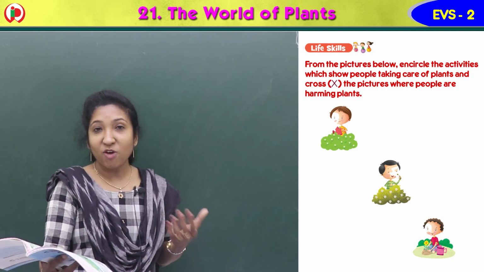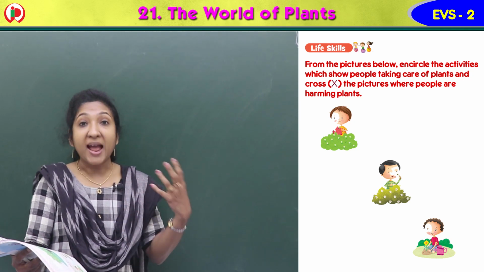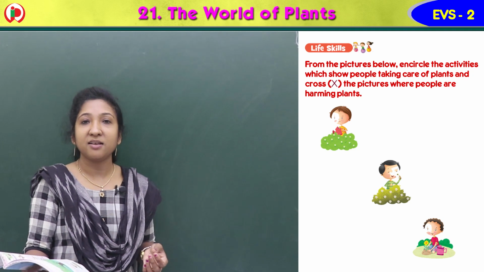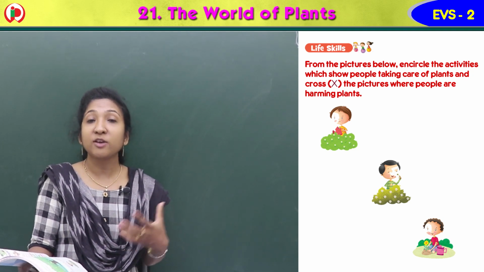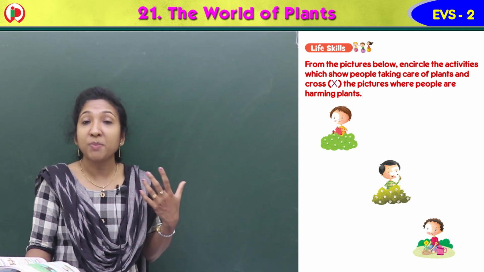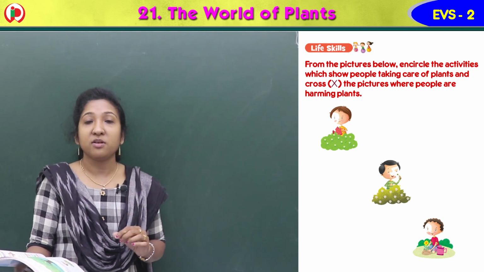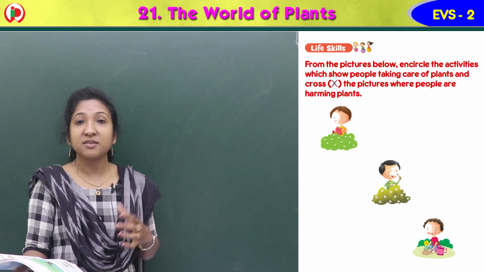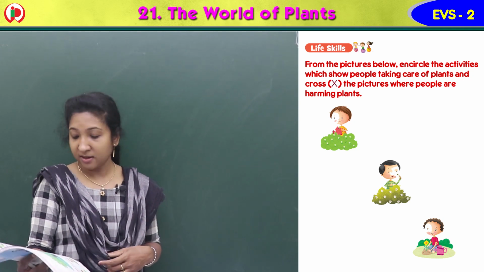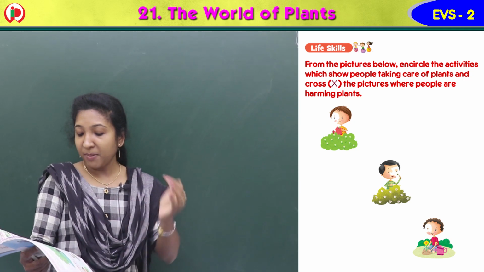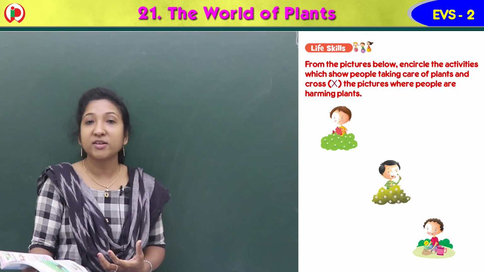Then the third one, wow, a child is planting something. What is he planting? A sunflower plant. Wow, it is so good, a good activity. We should plant a small seed, or do planting, whenever we get time. It is a good thing, a good habit, isn't it? Yes, he is planting it in the soil and he is going to water it.